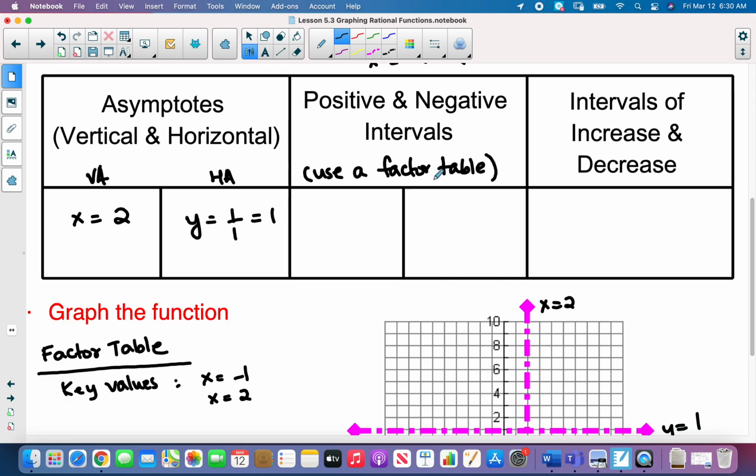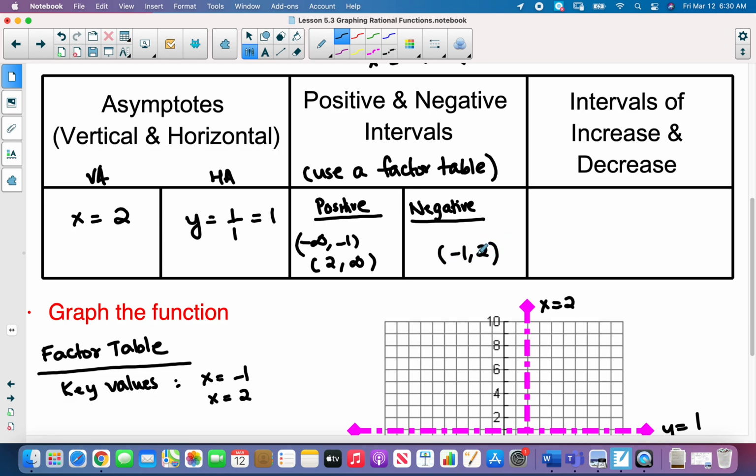Okay, so to find the positive intervals, it's going to be from negative infinity to negative 1, and from 2 to infinity. And to find the negative intervals, we just found that out to be from negative 1 to 2.